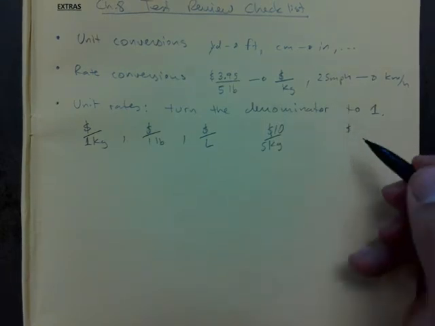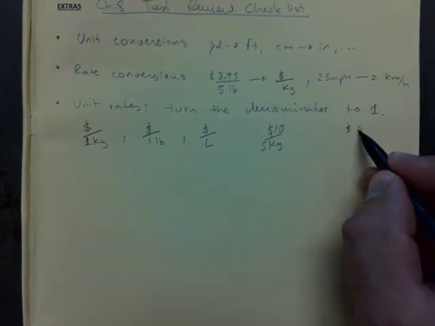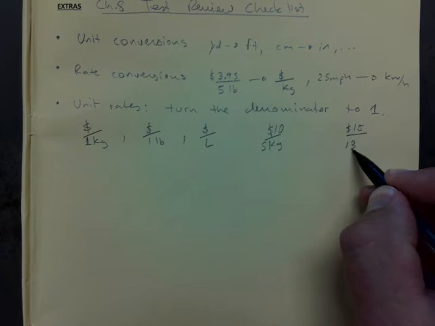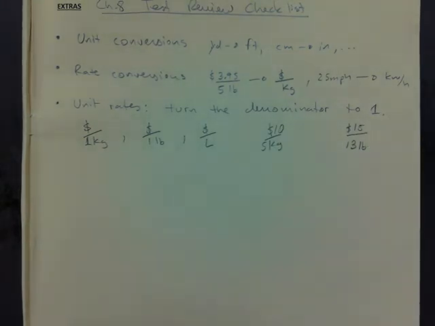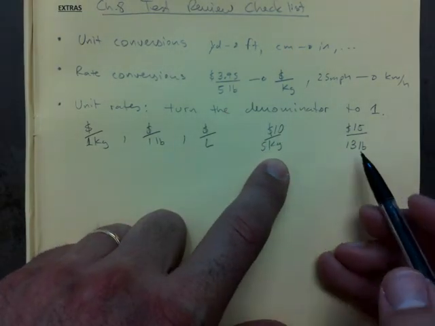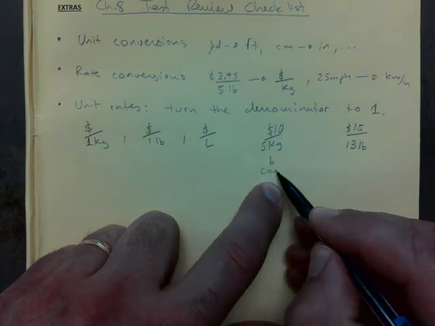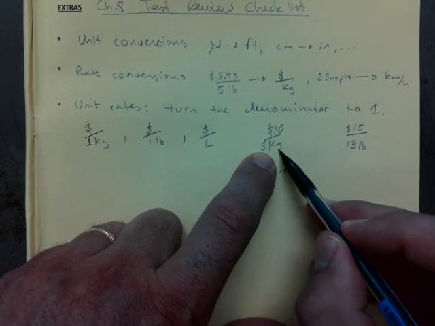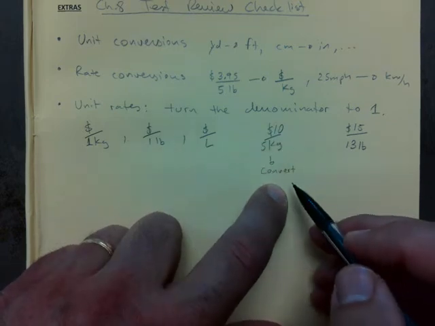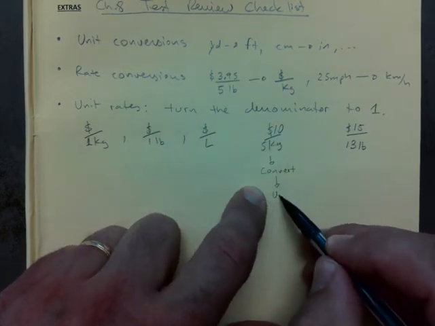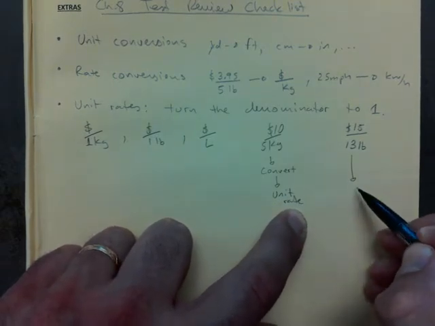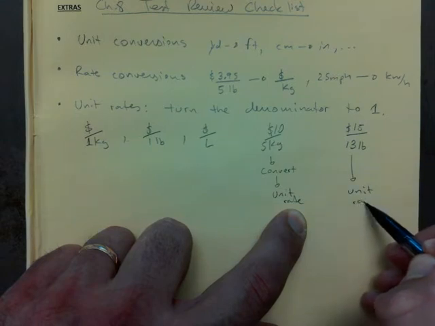And then you have another store that sells, for 15 bucks, a 13 pound of whatever. It could be anything. So obviously the first thing is convert. You could convert this to dollars and pounds, and then unit rate, and this one you could go straight to unit rate.